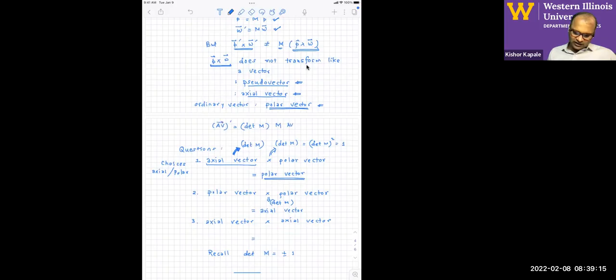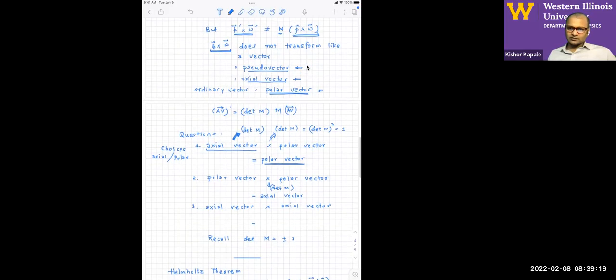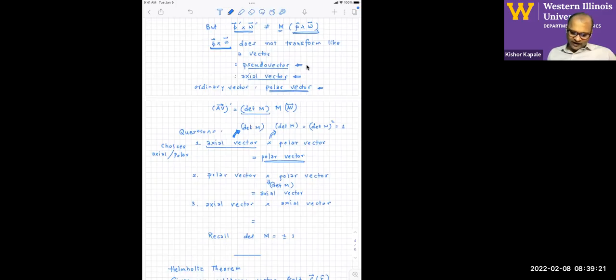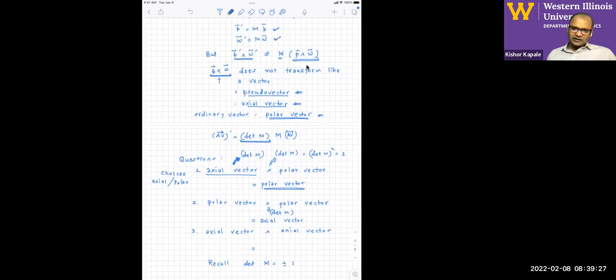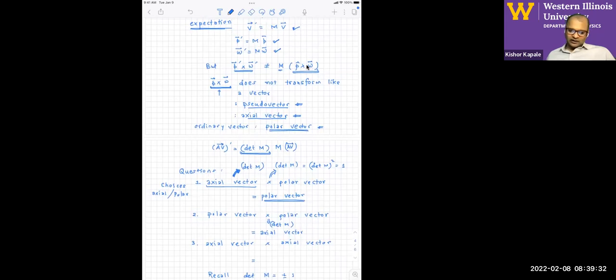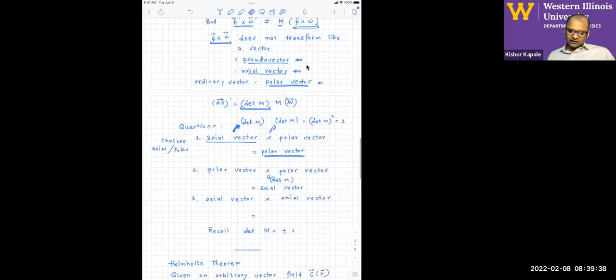That's my notation. So you have this extra factor of determinant M that you have to carry. Plus, whenever you add a cross product, as we just saw for P cross W, whenever you transform a cross product, you get that factor of determinant also.